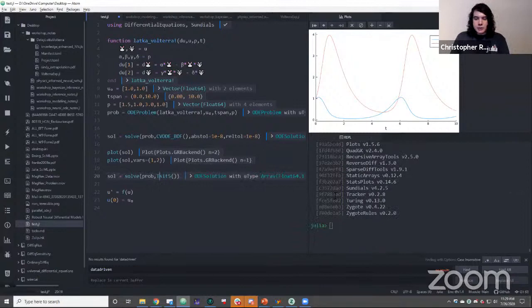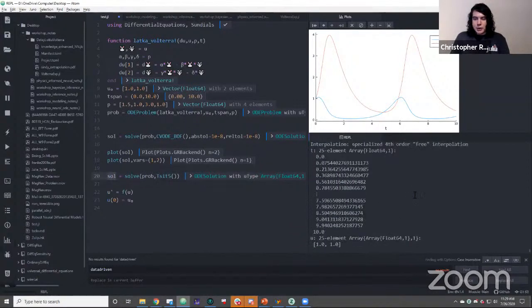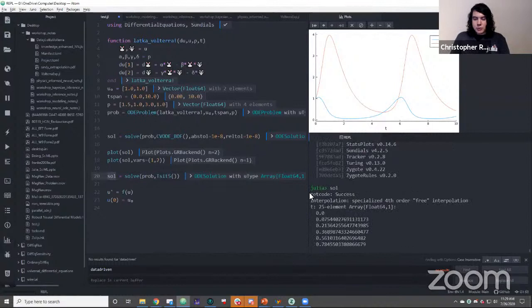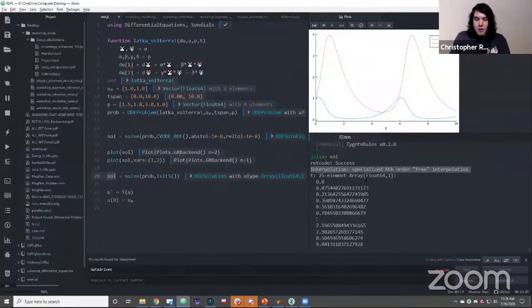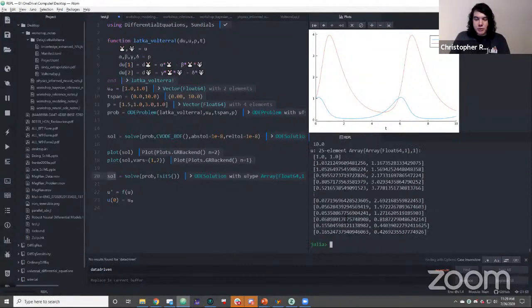If we throw this into the REPL, we'll see that we have not just a solution to fifth order, but also an interpolation giving us a continuous fourth order solution. And it tells us what time points and what values were computed.